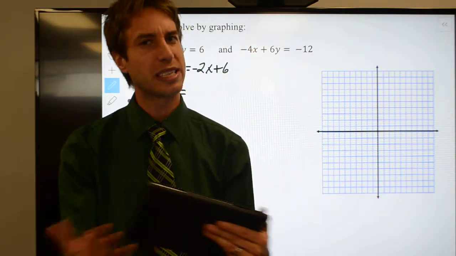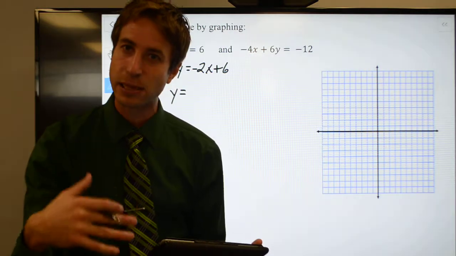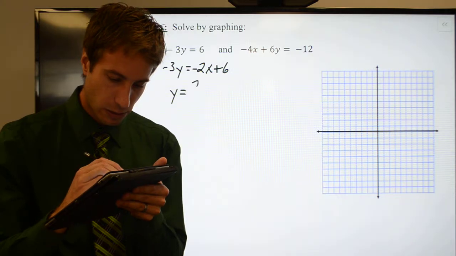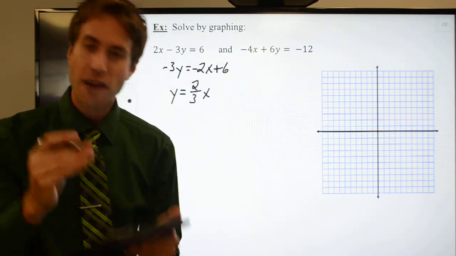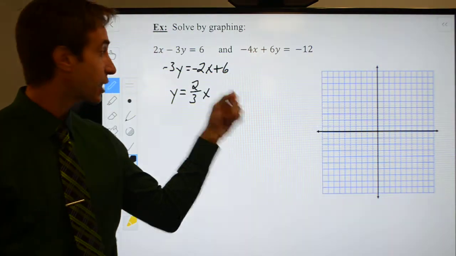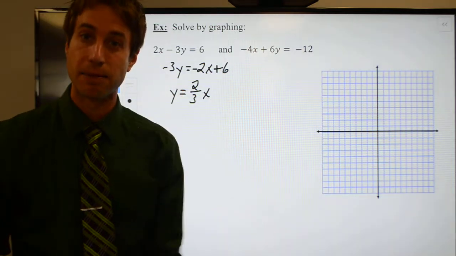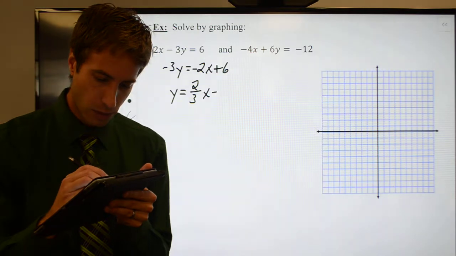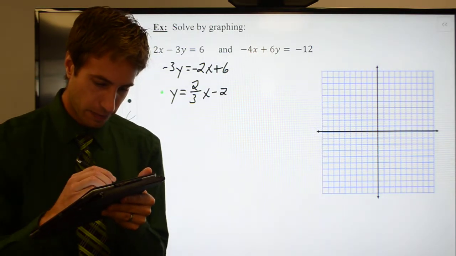But 2 divided by 3 doesn't divide evenly, and there's no way to simplify it, so I'll just leave it as 2/3 x. Fantastic. Then I have a positive 6, which will also be divided by the negative 3, and 6 divided by a negative 3 would be a minus 2. Let's graph that one in green.